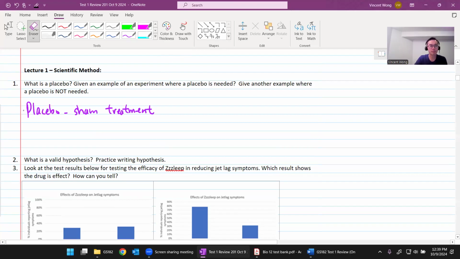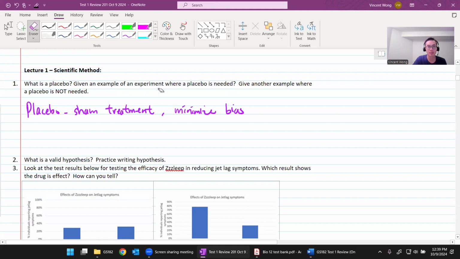And the purpose of the placebo is to minimize bias in the subjects, and also in some cases, if you're doing a double-blind experiment, it would minimize the bias of the people doing the experiment. Yeah, so you can call it a sugar pill. It's not supposed to do anything to your experiment. So it minimizes treatment bias.